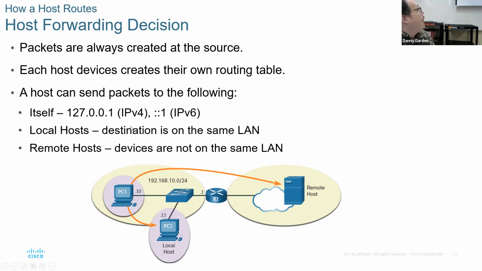Yeah. So a host can send packets to the following devices: itself. Okay, and itself is 127.0.0.1. This is a special IPv4 address. It's called a local loopback. So anytime you want to reference a host's own IP address, that is the special IP address we use, 127.0.0.1.